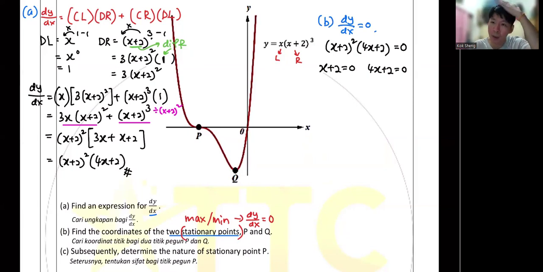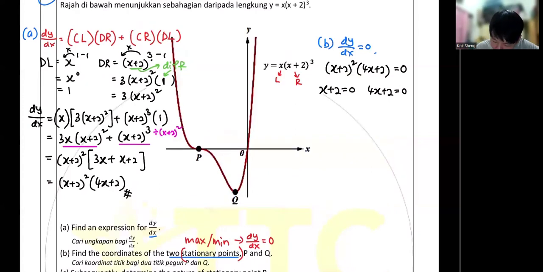Because remember the general form, right? You have two brackets, correct? The general form, two brackets. So normally you press your calculator to find the answer. But long time ago in Form 4, you did one working actually, but you slowly skipped the working. After you've pressed your calculator, you get the answer.